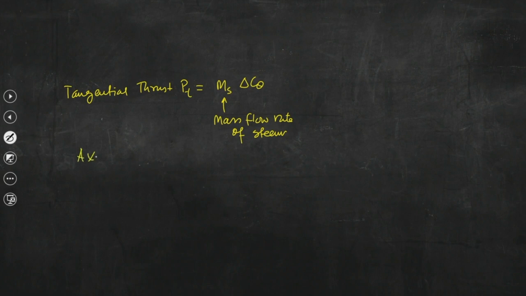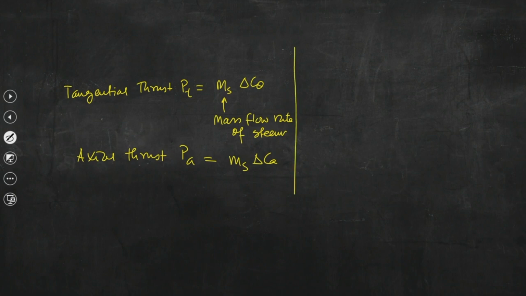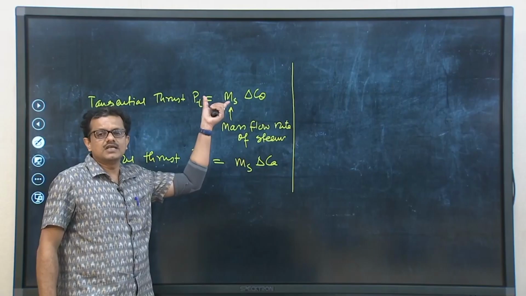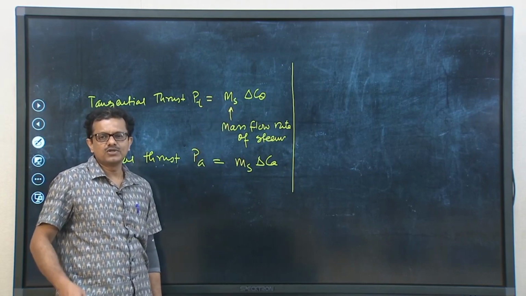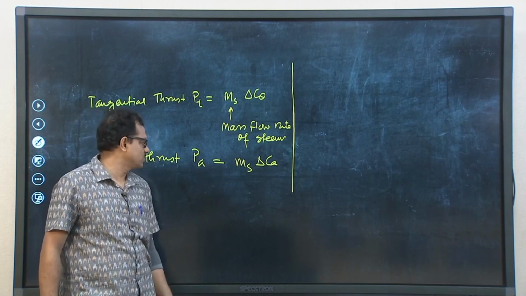Similarly, we can have axial thrust Pa, that is ms into delta Ca. So, we can quantify these two quantities, while the tangential thrust is responsible for the work output, that is, it will produce torque and we will be getting work output.